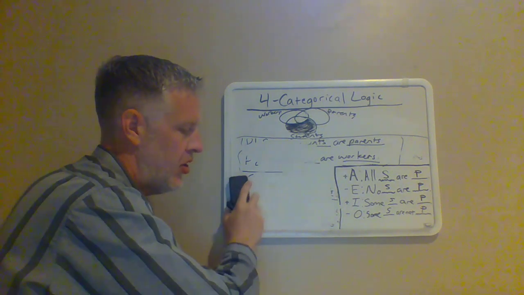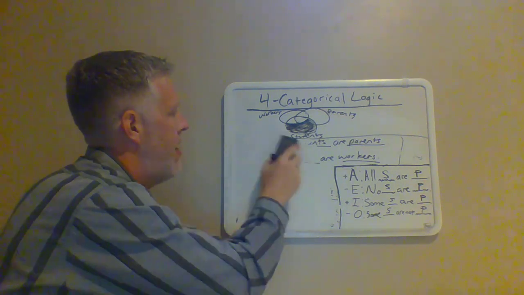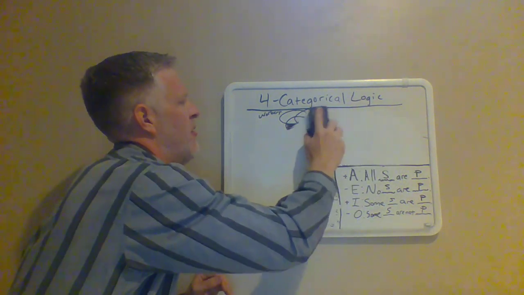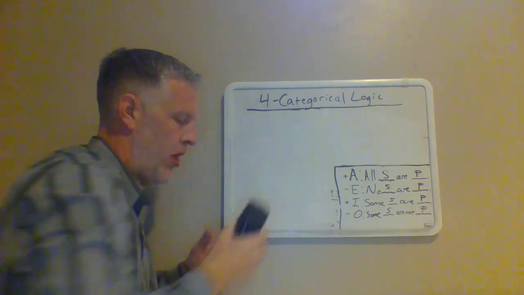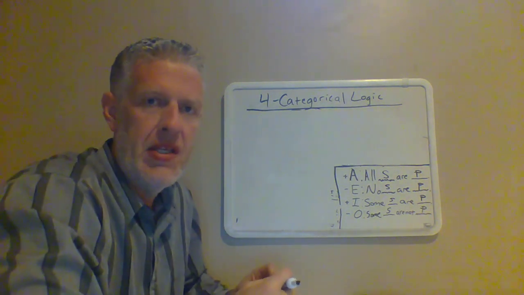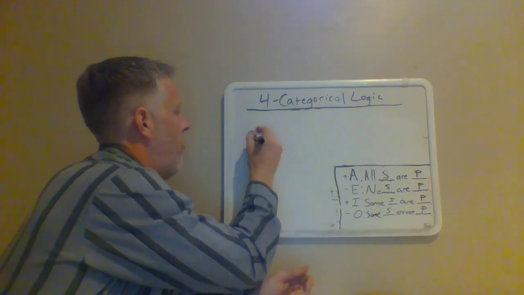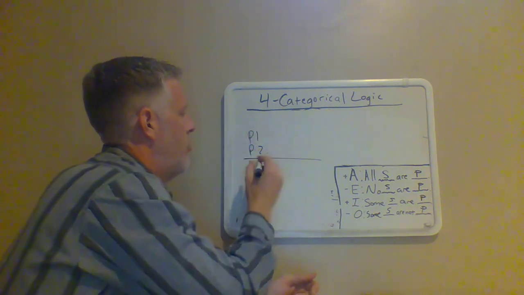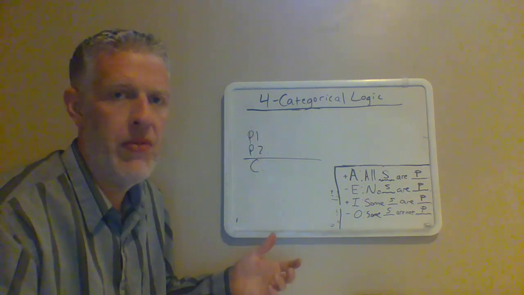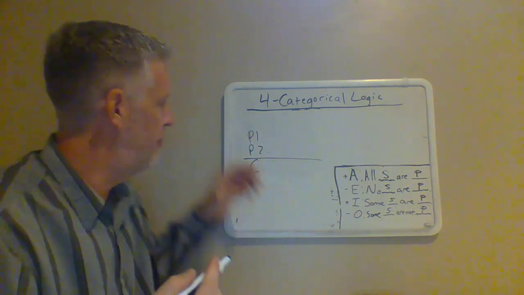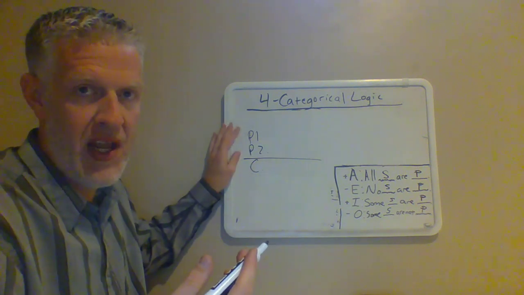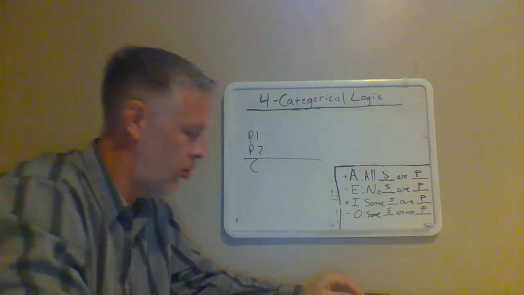So there's this unique situation where you have, I wish I had come up with an example beforehand, but basically the unique situation is when you have just A or E claims for the premises, and then your conclusion is an I or O, which requires an X to be placed somewhere. But in diagramming the premises, you won't have put an X because these are just A and E claims, right? So that's what I'm talking about on slide 20.